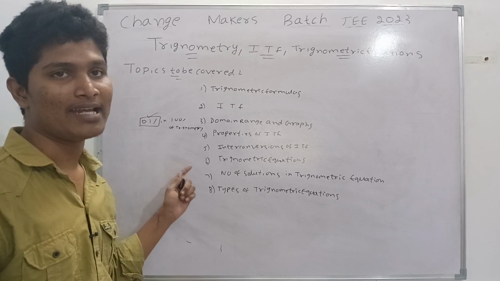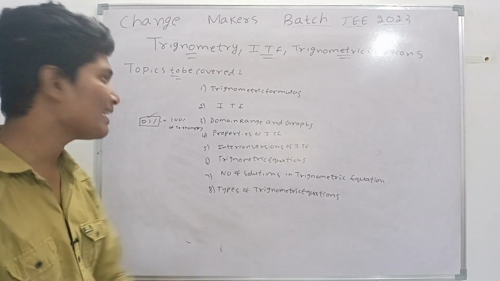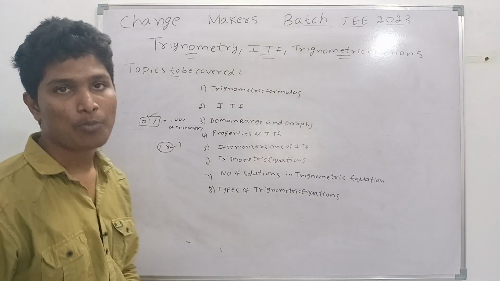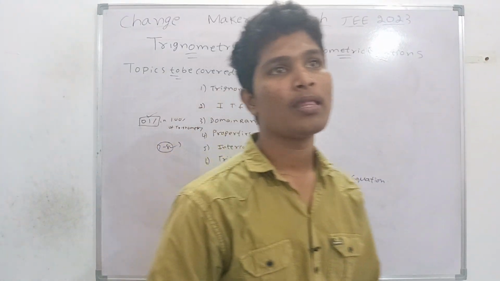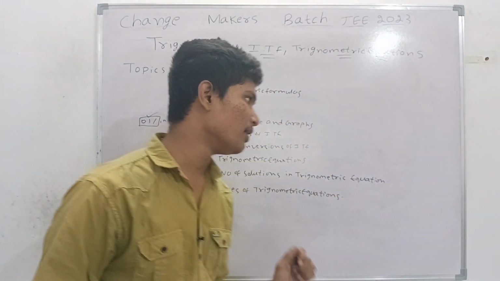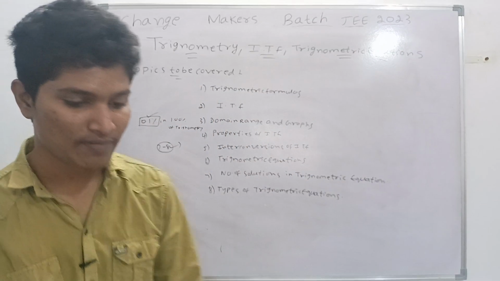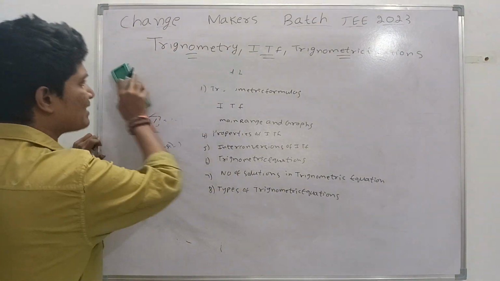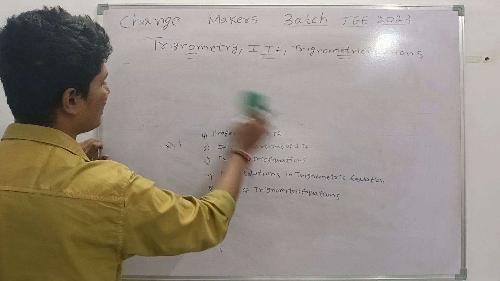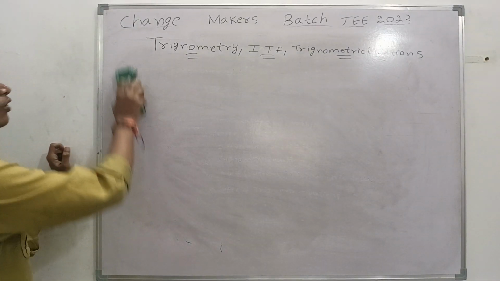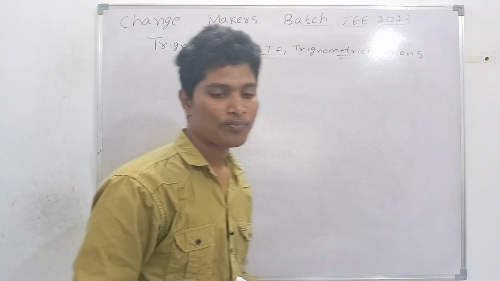But in 11th standard you will learn nearly 7 to 8 chapters based only on trigonometry, that is compound angles and so on. These are all the things you can learn here. 11th standard and 12th standard is very important. So now let's discuss each and everything, and at the last I will do some problems also, which are required for you to get the idea.